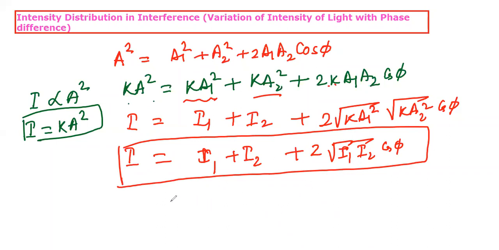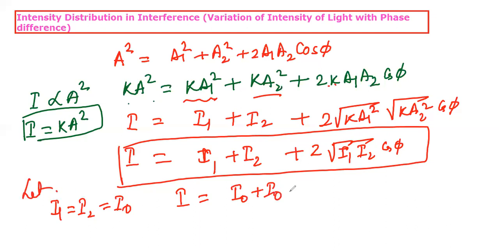Now children, suppose I1 is equal to I2. When can it happen? When the two superposing waves have the same amplitude. So let this be equal to I naught. What can I get? The resultant intensity as I naught plus I naught plus 2 I naught cos phi.